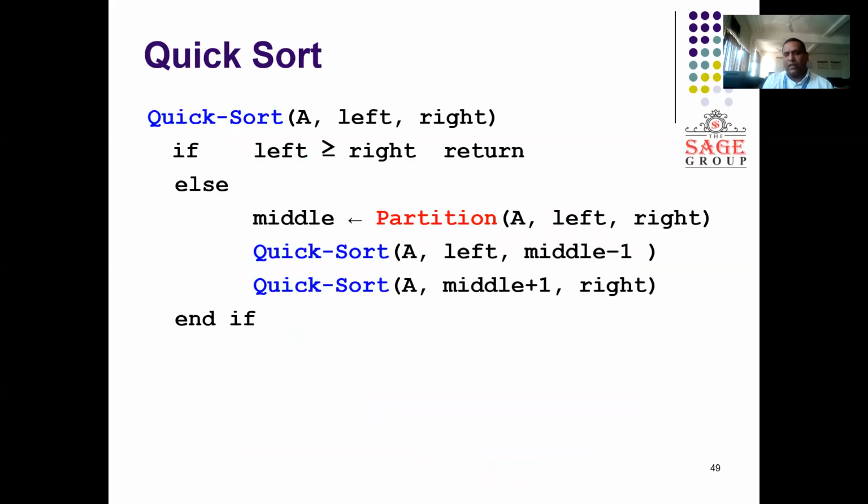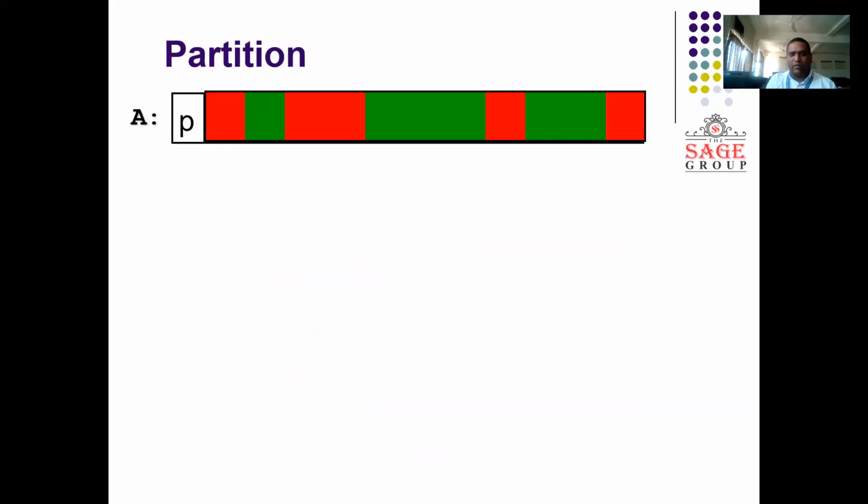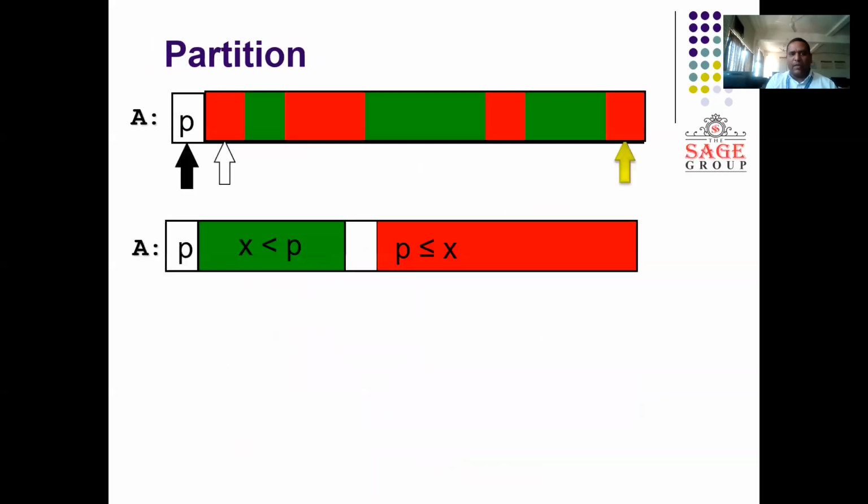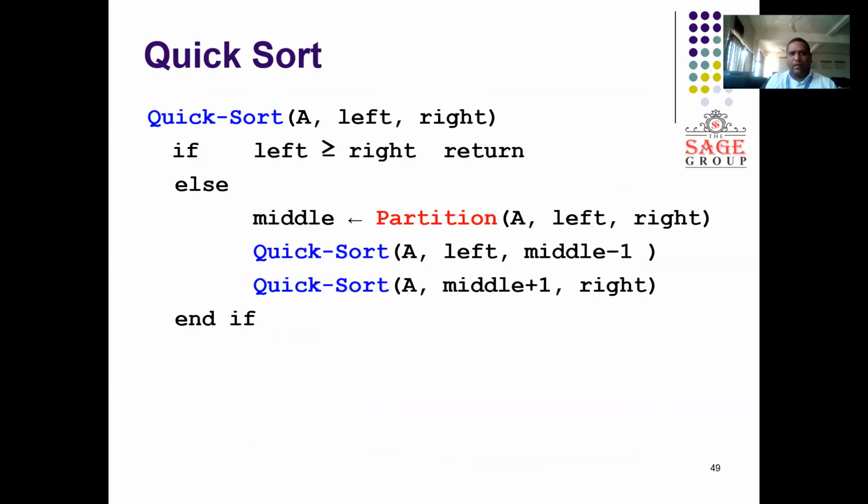And what is QuickSort? Here is the algorithm of QuickSort. We take an array with left and right. What is the base condition here? The base condition is: if left is greater than or equal to right, then return. Then what is the value of middle? We call partition, which returns a position, that is the middle.